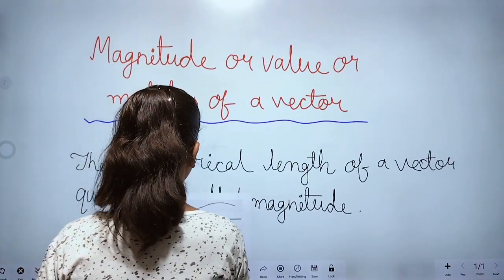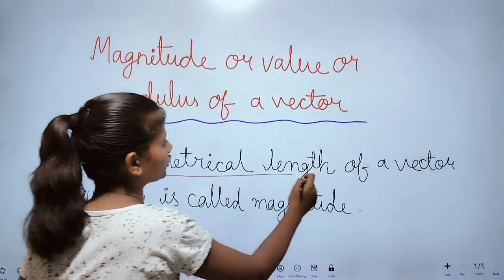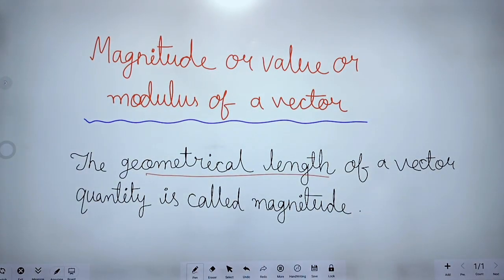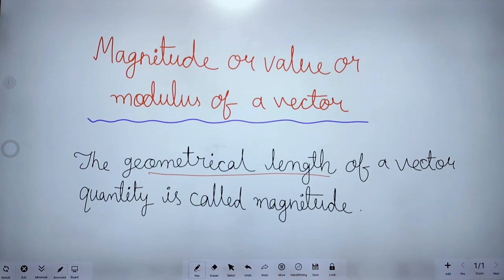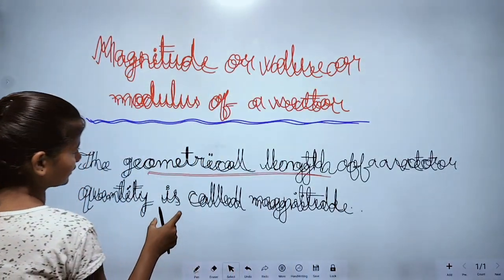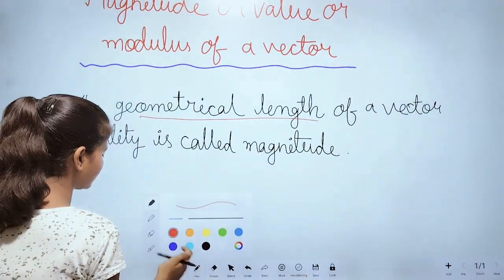What is magnitude? The geometrical length of a vector quantity is called magnitude, or you can also say value or modulus of a vector.